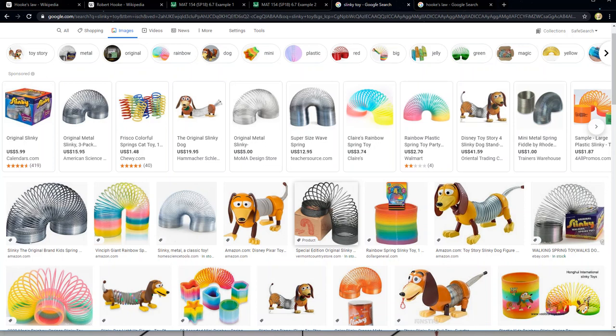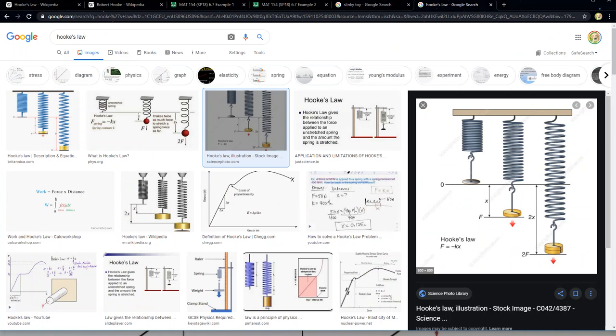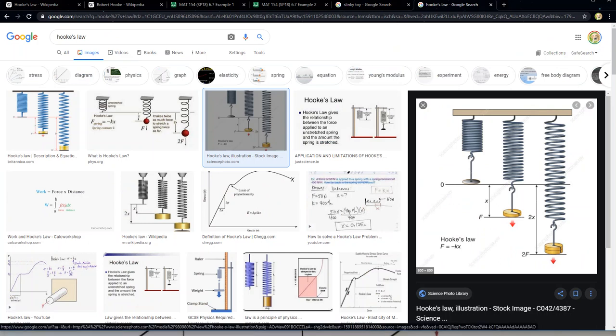I always wanted one, and when I got one, it never worked as well as they showed in the commercials. So a slinky, and even a slinky dog, would have a very low k value, as opposed to a spring that's very tight or has a really high k value, say, in the engine of a car.